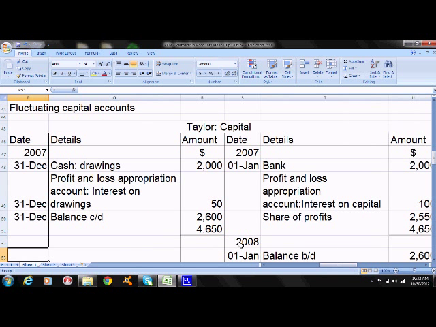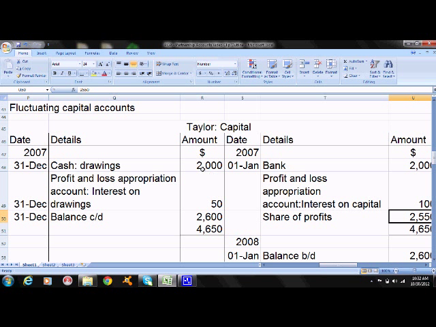So you see that the capital fluctuates because the profits and the drawings are not necessarily equal. Look at this now. Drawings is 2,000. Profit is 2,500.